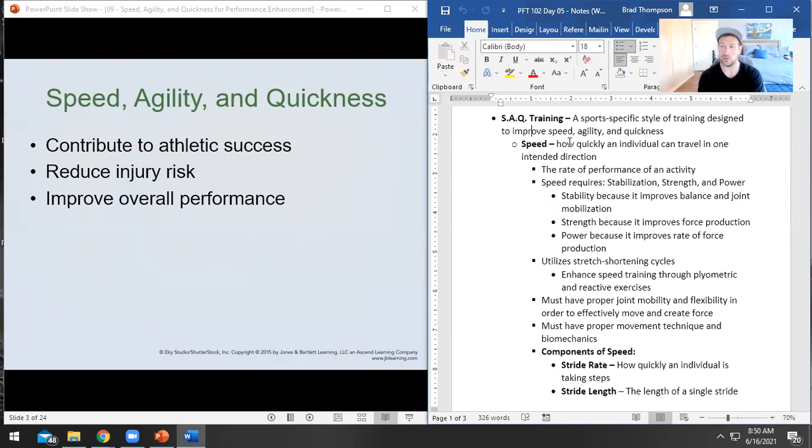That's quickness, because you're responding to an external stimulus and changing your body position to match it. Or if I simply toss something to you and you change your body position to react to it, that's your quickness. So it is your ability to respond to an external stimulus.